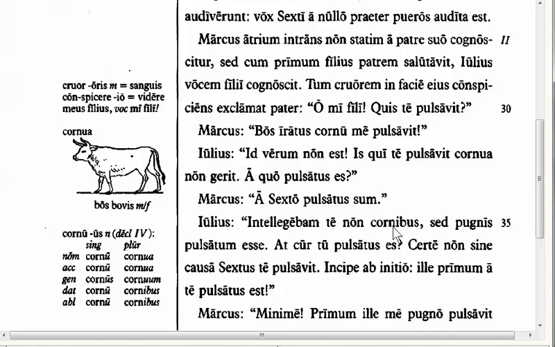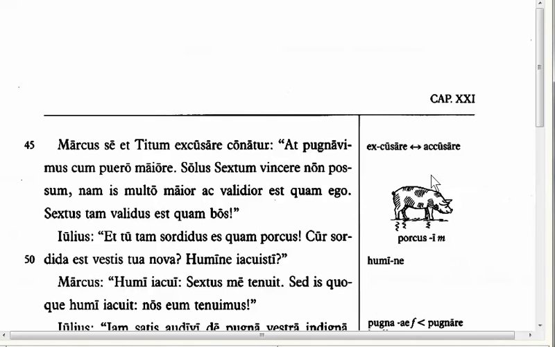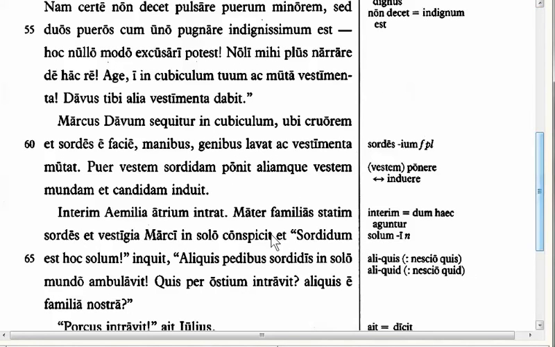The next feature I want to look at is in line 65. And move ahead to 65, where we see aliquis pedibus sordidis in solo mundo ambulavit. So this is Amelia, who says, somebody has walked with dirty feet on my clean floor.